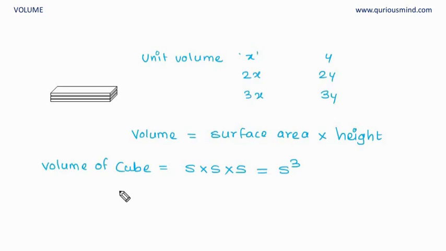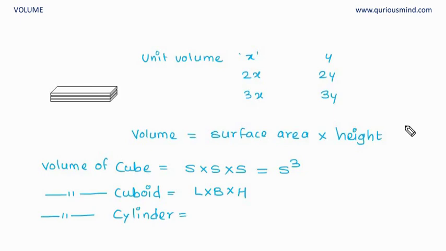And what would be volume of cuboid then? Volume of cuboid would be the surface area here, let's say length and breadth. Length into breadth is the surface area and height is h. So length into breadth into h, height, is the volume of cuboid. And what happens for cylinder?